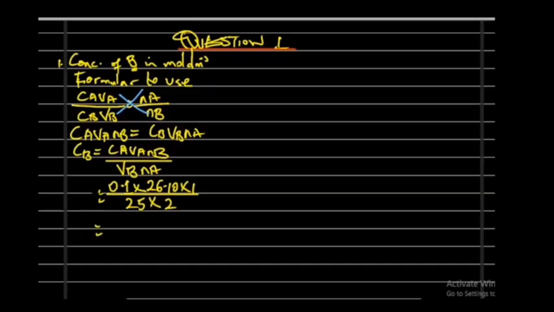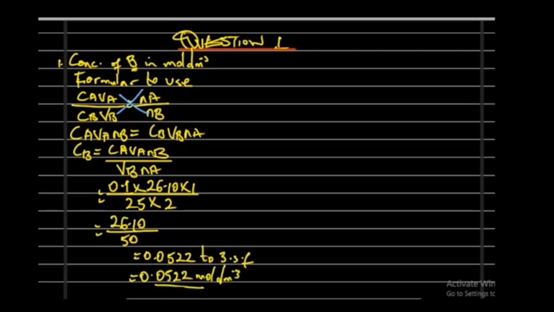So if you calculate this now, what we'll be getting will be 26.10 divided by 50, and that is going to give us 0.0522, and to three significant figures now will give us 0.0522 mole per dm cube. So this is the answer that we have for that particular first question.